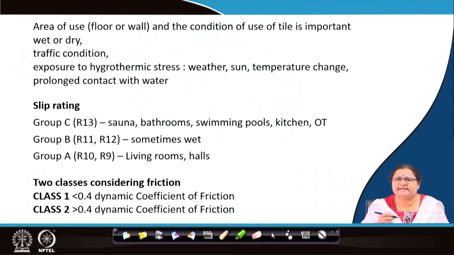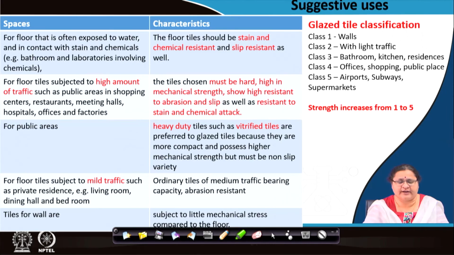So, there are various classifications, but you have to understand the purpose for which you are recommending, and only then can you choose from the items in the market or recommend to someone. Here are some spaces and characteristics given to you all so that you can go through and find out in which kind of environment you need which kind of tile.